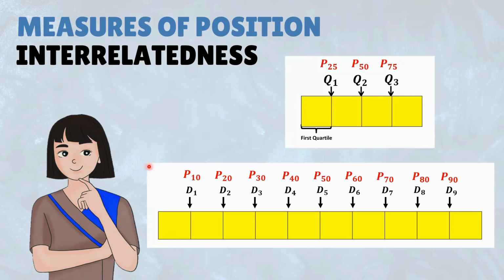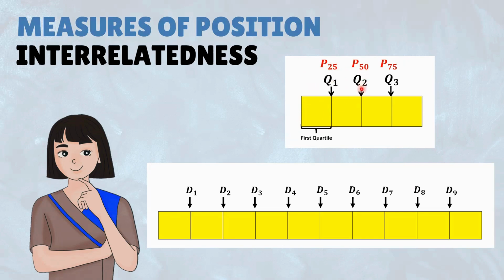So let's begin with quartiles and percentiles. Quartile 1 value is the same as percentile 25 value because 25% of the values in the data set fall below our quartile 1 and percentile 25 value.